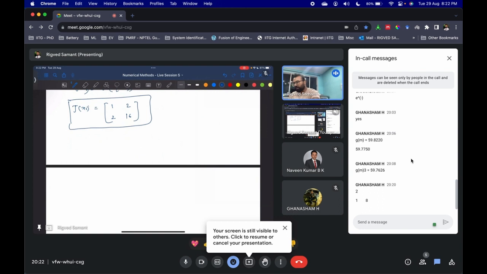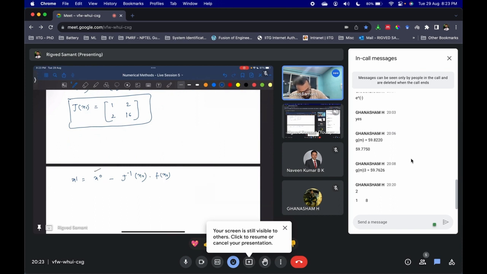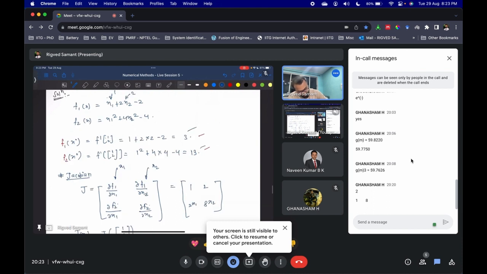Here is how you calculate the next value: x1 is x naught minus J inverse of x naught into f of x naught. You already have x naught, that is 1 comma 2. F of x naught you have also calculated: 3 and 13.